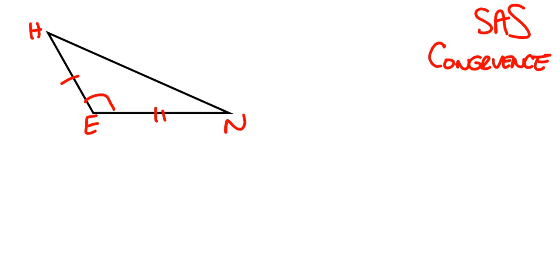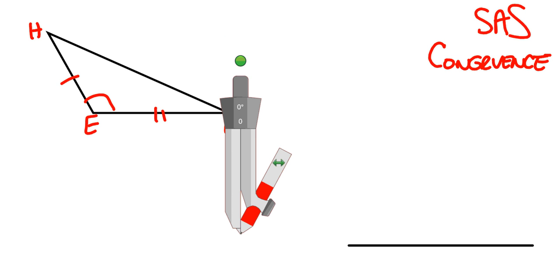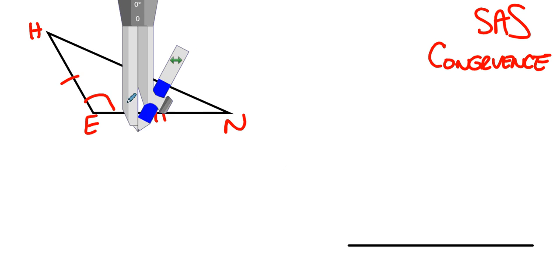So we have some segment down here, and this is where EN is going to end up. We'll bring in our handy dandy compass, and we'll go blue just for sport.